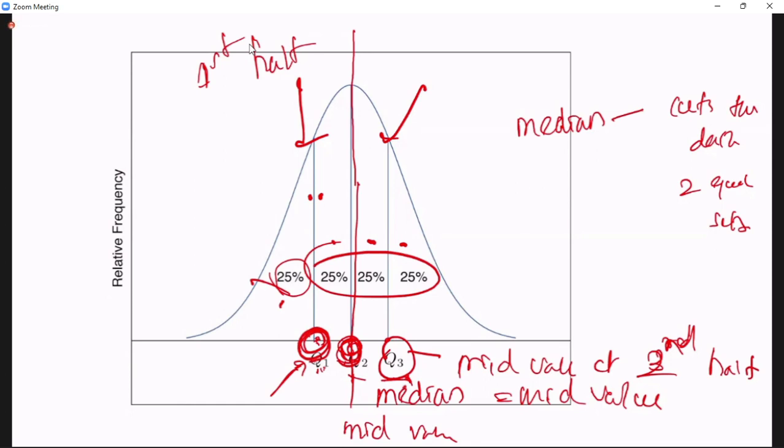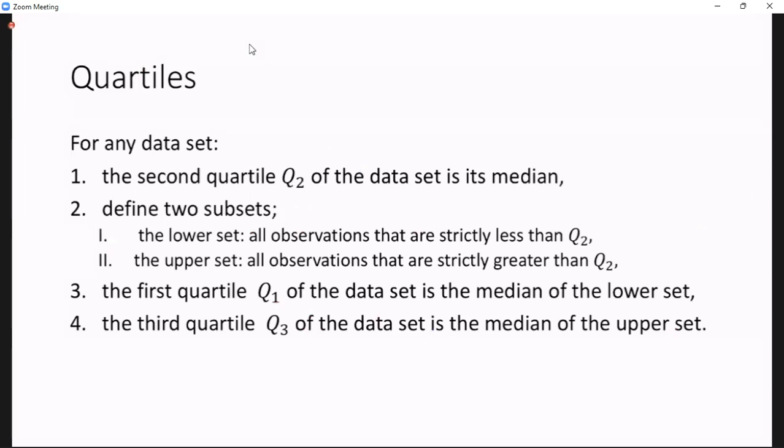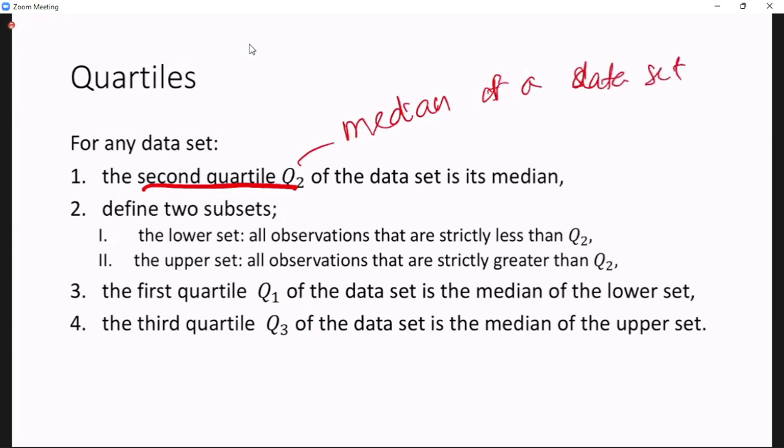Understand? So I will give you the formula to find Q1, Q2, and Q3. Quartiles. Here I have given you a small note for any data set. The second quartile, Q2, is actually the median of the data set. Define two subsets. The lower set: all observations that are strictly less than Q2.